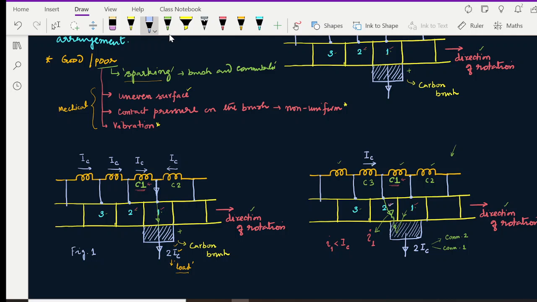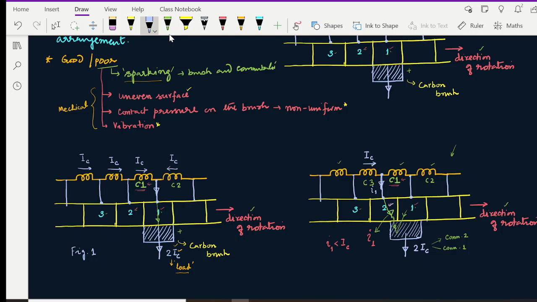This is still IC, and here the current that comes out from this is what we have taken as I1. So now in this particular junction, you can apply Kirchhoff's current law.